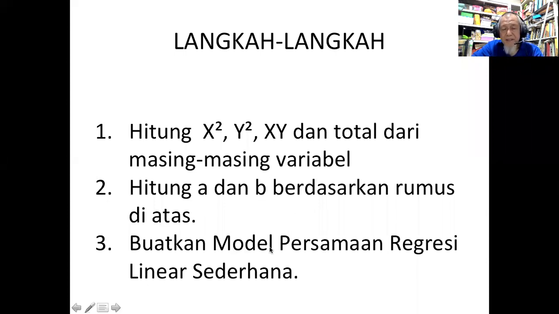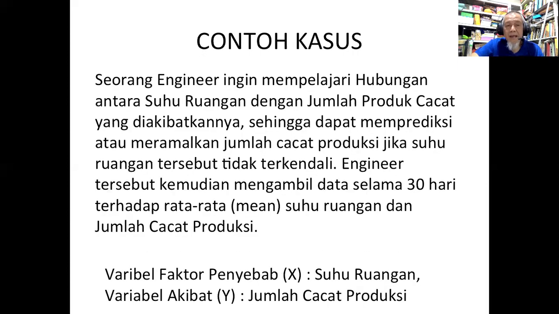Then you will have the regression equation model. The regression equation model will be used to predict the dependent variable, or to find the independent variable. We can calculate that, or we can predict that. Here is an example.